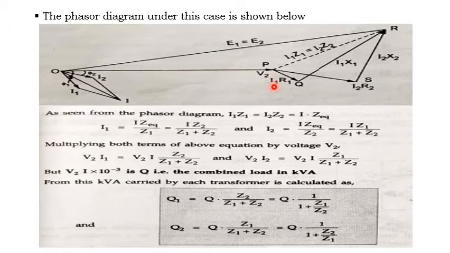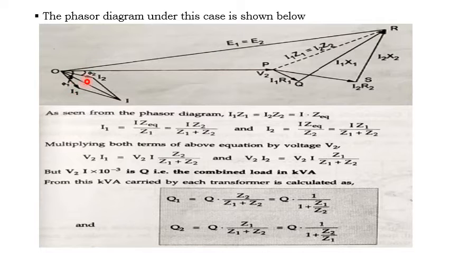Since you are used to drawing the I1 current first, you can draw the I1 current here, in the same way. Again, this will lag the V2 voltage, since I draw the I1 current below the V2 phasor.